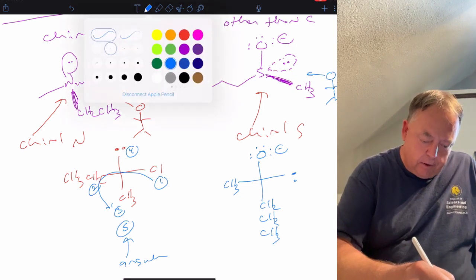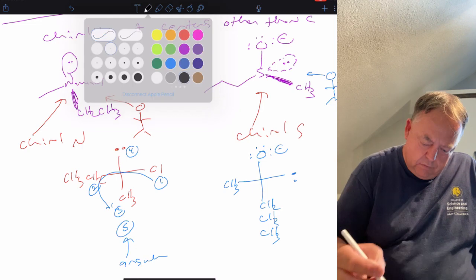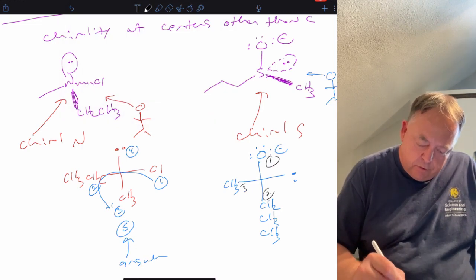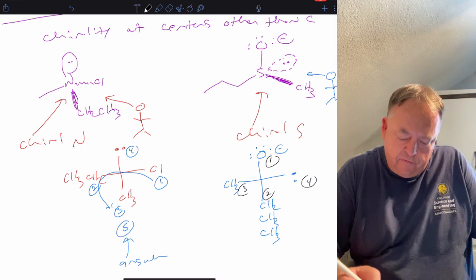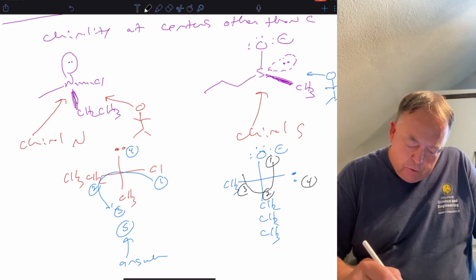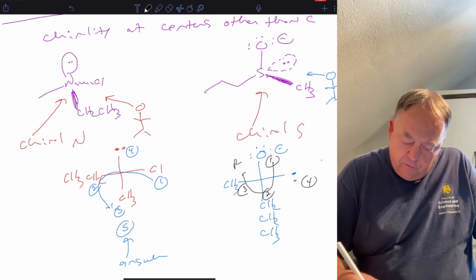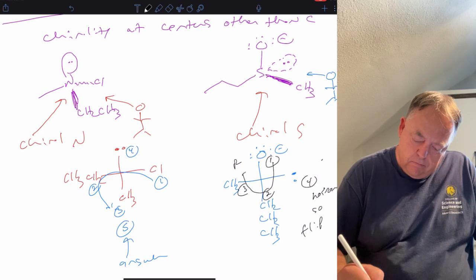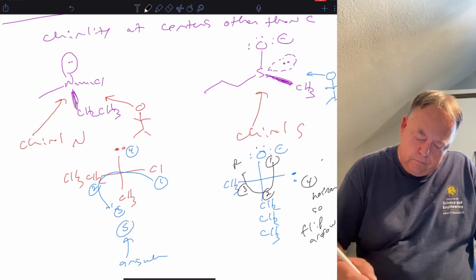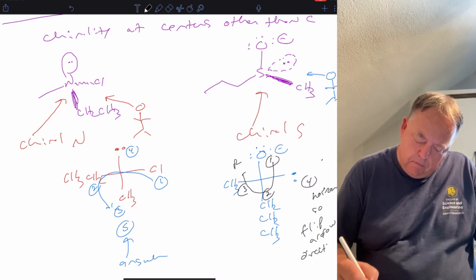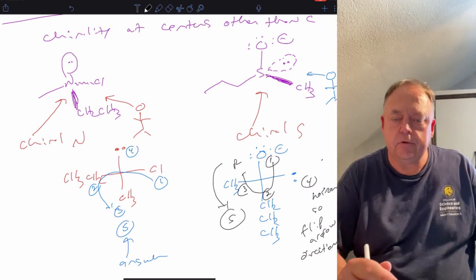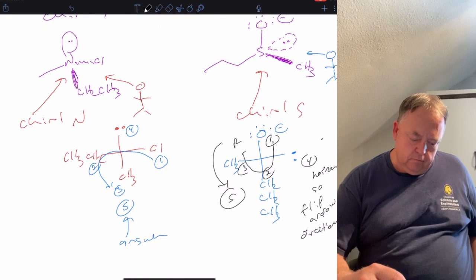And if you assign priorities, oxygen's number 1, propyl's number 2, methyl's number 3, lone pair of electrons number 4. So 1 to 2 to 3 is clockwise, number 4 is on the horizontal. So we're going to reverse the direction of the arrow, so that would be the S isomer as well.